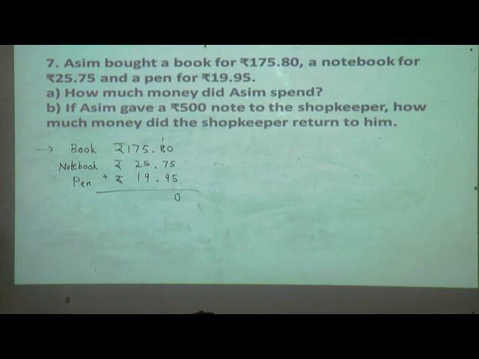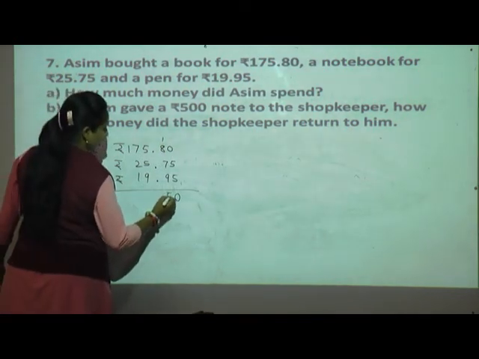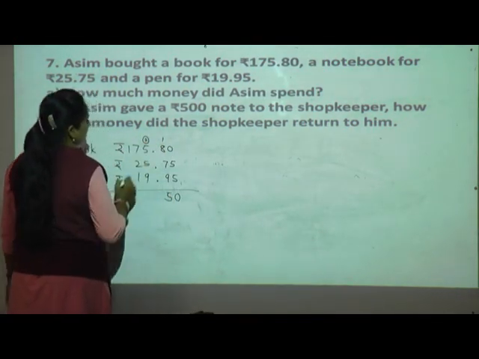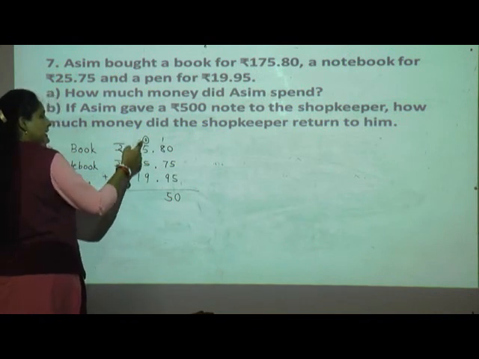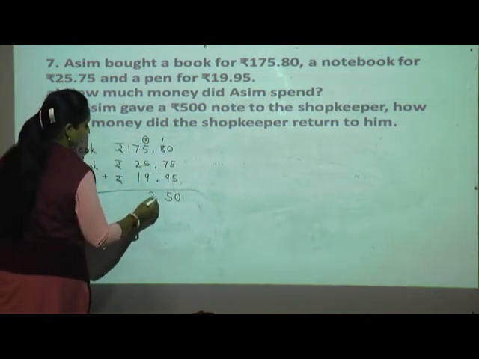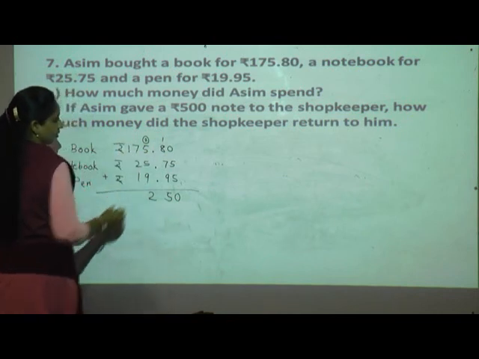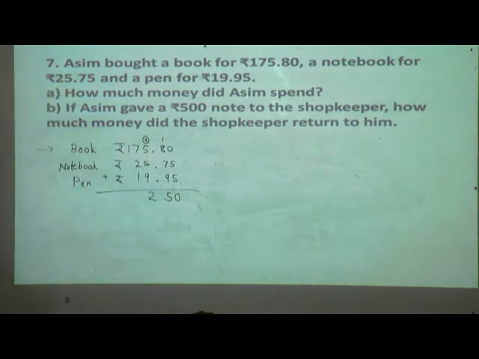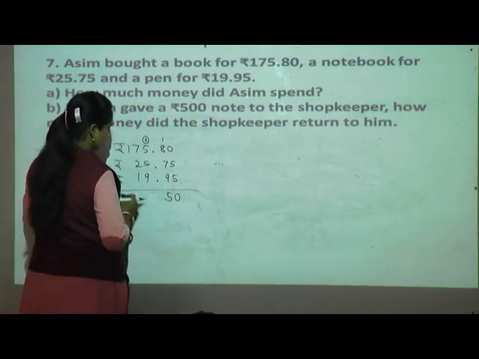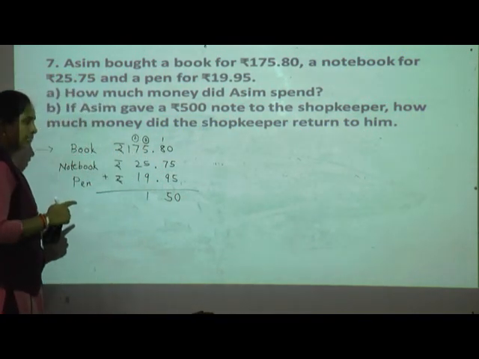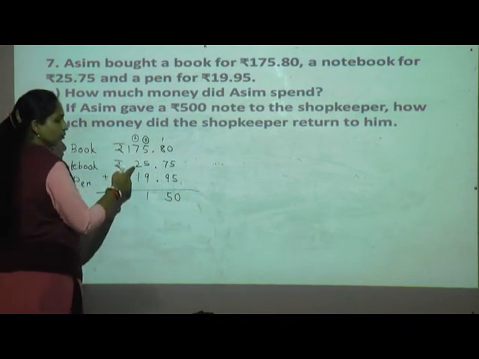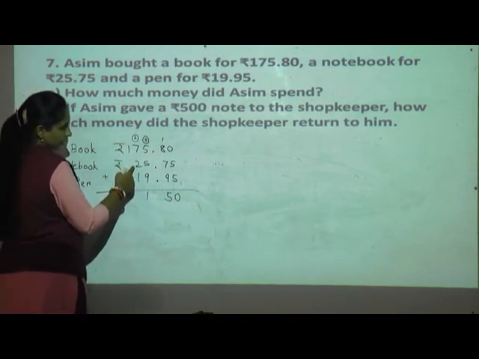24 or 25? Yes, 25, isn't it? So write here 5 and 2 will be carry. Now see, 5 plus 5, 10, 10 plus 9, 19, 19 plus 2, 21. 21, so write here 1 and 2 will be carry. 2 plus 7, 9, 9 plus 2, yes, tell me.